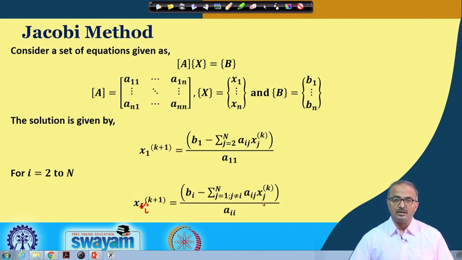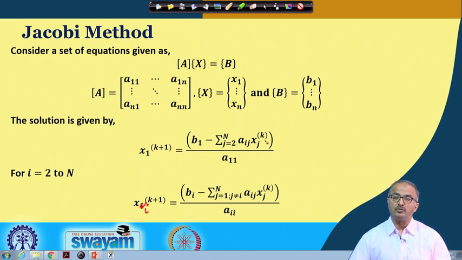Okay. And then once we have obtained all the x's, we start with the second iteration, and again we put all the x values at the second iteration to get the values of x for the third iteration.